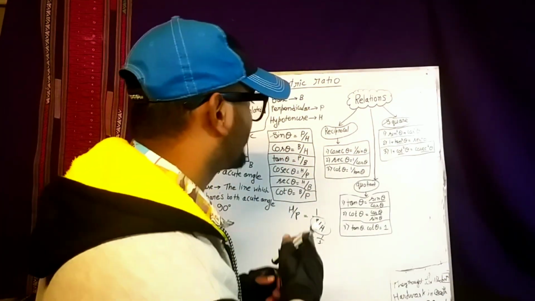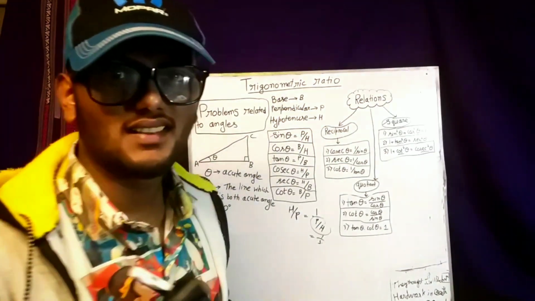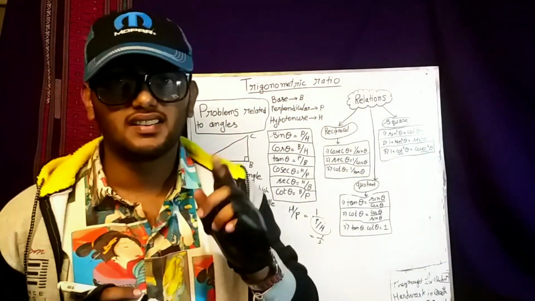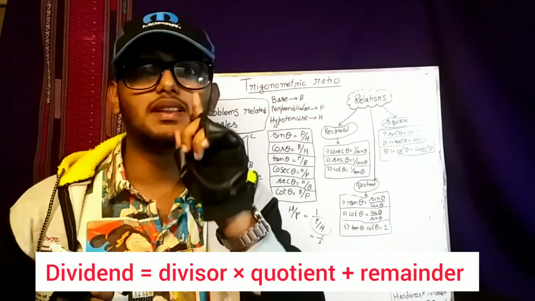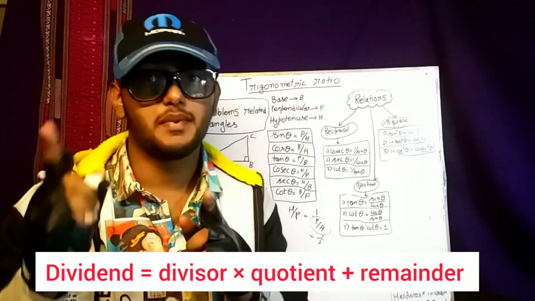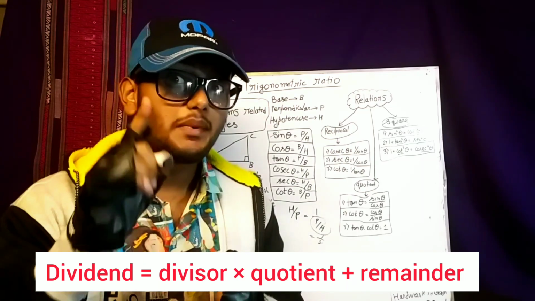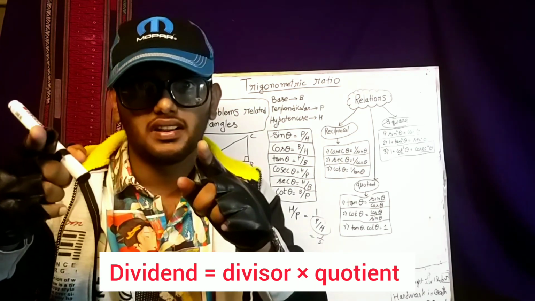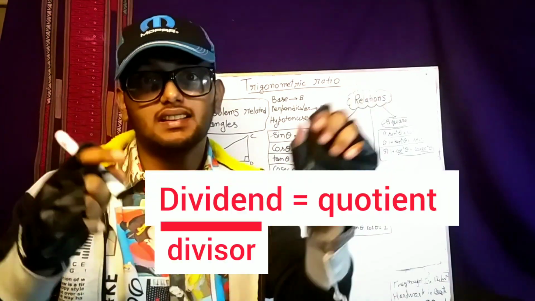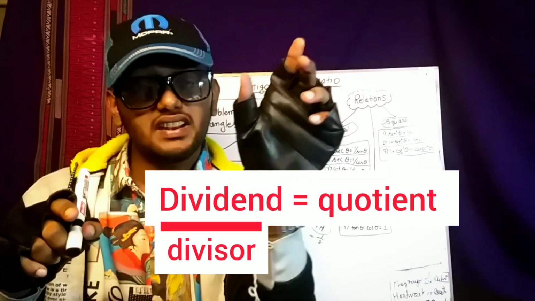Now, the quotient relation. We know a formula from childhood: dividend equals divisor into quotient plus remainder. If you take remainder equal to 0, then dividend equals divisor into quotient. Now, if you take the divisor to this side, then quotient equals dividend divided by divisor.